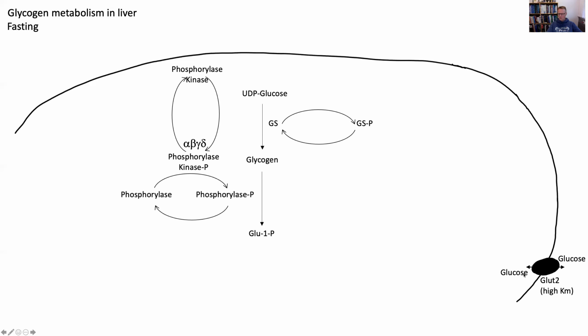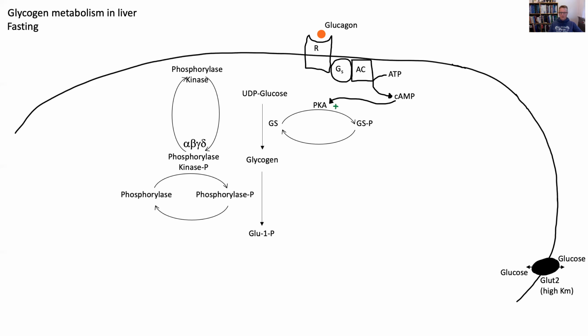So the glucose is more or less in equilibrium across the membrane. Thereby, when the glucose concentration increases in the circulation, the glucose concentration in the hepatocyte will also increase.